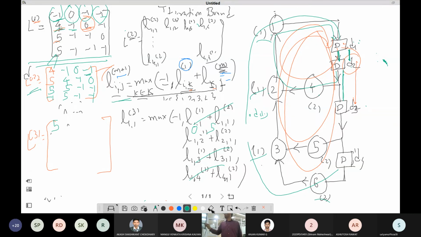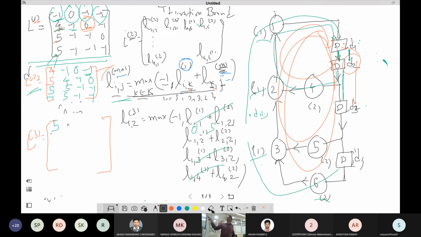For L2, my J will be 2. So the change that would be there is 2 over here. Even with 2, the first part will remain the same, 1 2, and L22, what is it?